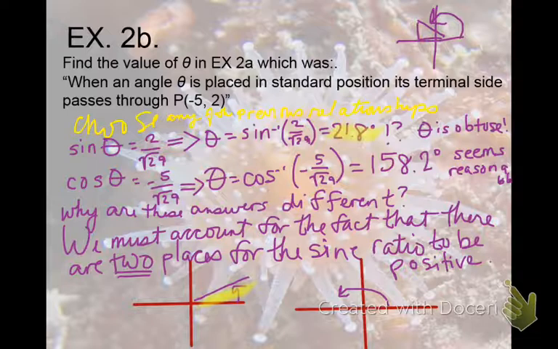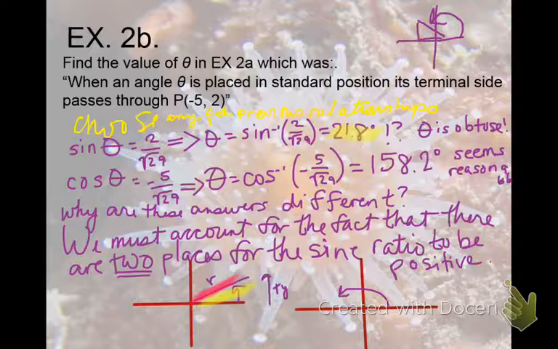But we have gone up, so we have a positive y right here, and we have gone out. Let me highlight that instead. We have gone out a certain distance for our r, and r is always positive. So here in quadrant 1 we have a positive y and a positive r. We have a positive sine ratio.